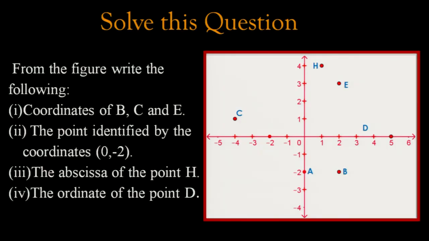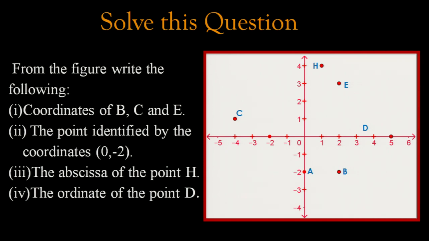Solve these questions. From this figure, write the following. Number 1, coordinates of B, C and E. Look at this diagram, the Cartesian plane together with two axes, the x-axis and y-axis. Second, the point identified by the coordinates 0, -2.